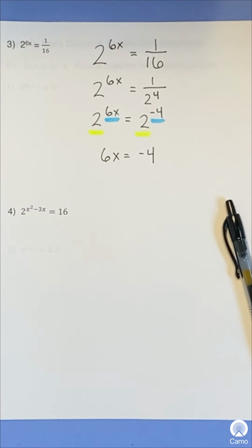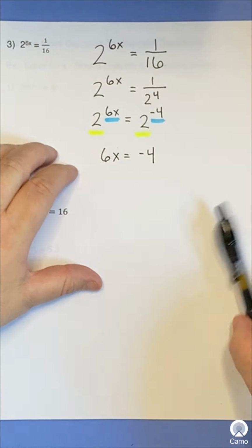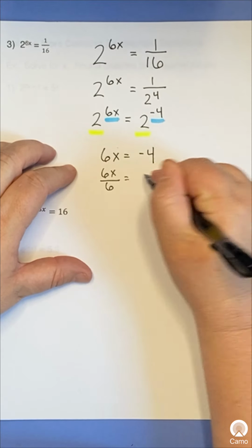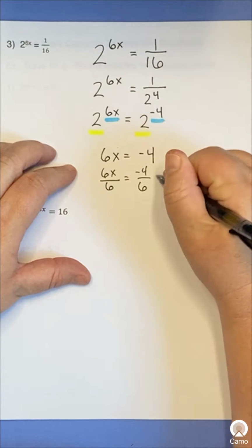Yay! So in other words, 6x must equal -4. And then our hearts sink a little bit because we're like, oh, that's not going to be nice. And it's okay. Sometimes numbers are not your favorite numbers. It's okay. Still works the same way. I'm going to go ahead and divide both sides by 6.